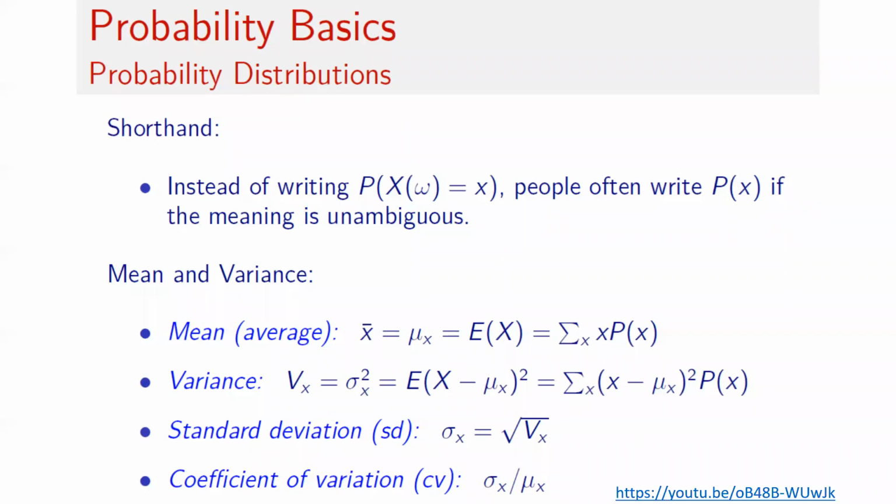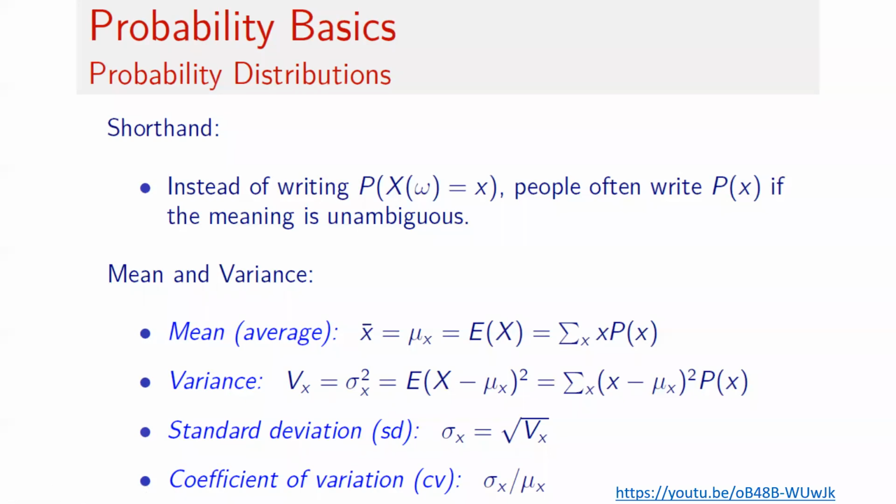This is the expected value of x minus mu sub index x, all squared, which can be written as the sum shown here.